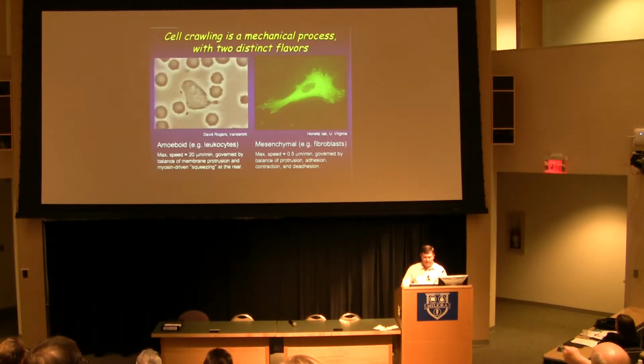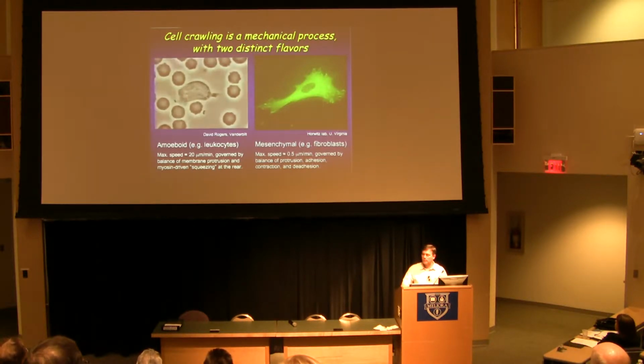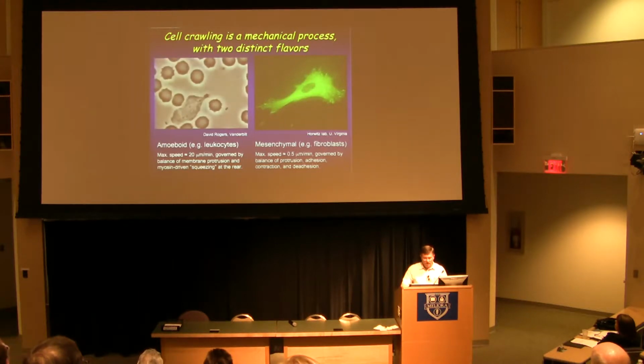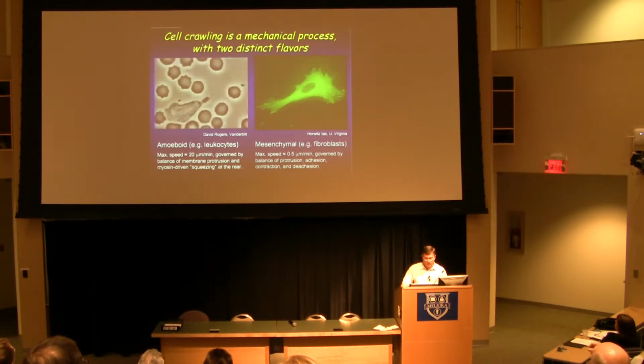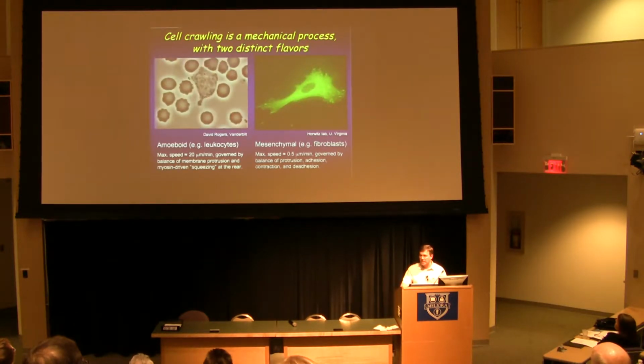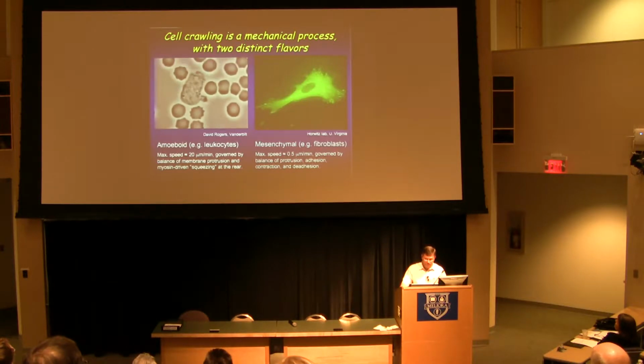So I'm going to make a distinction between two types of cell crawling behavior. On the left is a video of a neutrophil chasing down a bacterium. It's responding chemotactically, meaning it's responding to a gradient of peptides that are being shed by that bacterium.